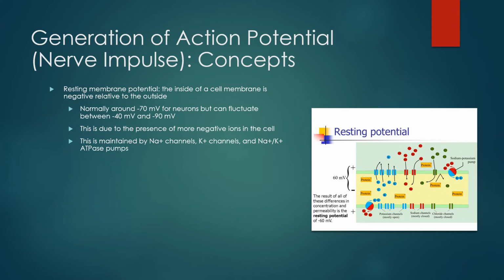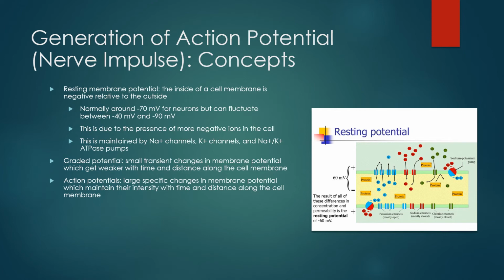This number is normally around minus 70 millivolts, but it can fluctuate between minus 40 millivolts and minus 90 millivolts. This is due to the presence of more negative ions in the cell. This resting membrane potential is maintained by sodium channels, potassium channels, and sodium-potassium ATPase pumps.